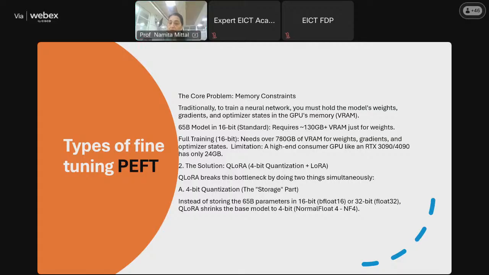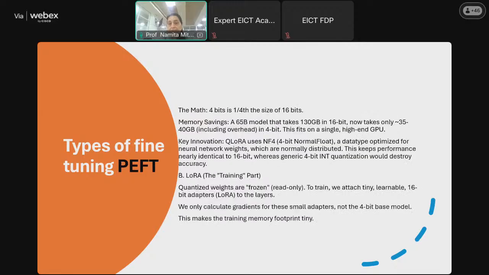QLoRA, of course, again has some challenges. It may lose some accuracy and some information. So what is the maths behind going from 16-bit to 4-bit? The 65B model takes 130 GB in 16-bit and now takes only 35 to 40 GB.